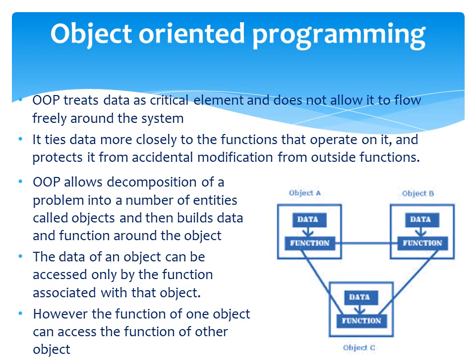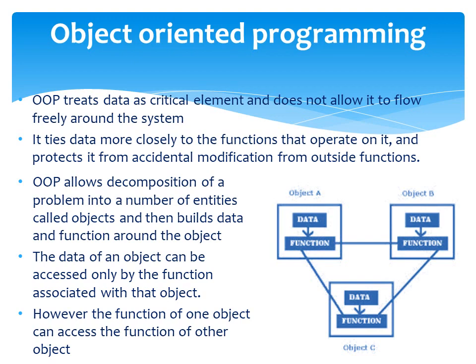The data of an object can be accessed only by the functions associated with the object. However, the functions of one object can access the functions of another object. What does this mean? This means that the data within the object are accessible by the functions that are enclosed within that same object, as shown in the image.